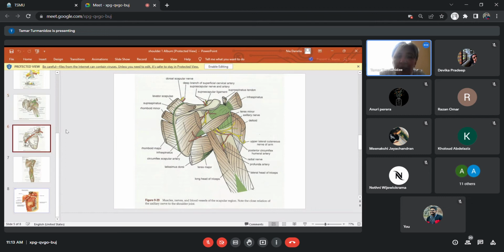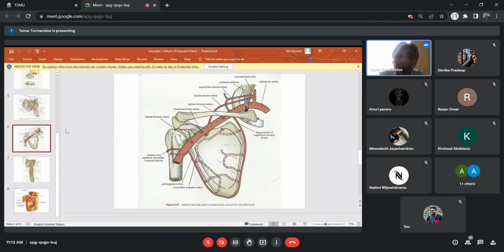At the level of the surgical neck of the humerus, the anterior and posterior circumflex humeral arteries anastomose with each other. That's why, when the humerus is fractured and there is bleeding, it occurs from which arteries? Bleeding occurs from the anterior and posterior circumflex humeral arteries, because these arteries make an anastomosis here at the level of the surgical neck of the humerus.